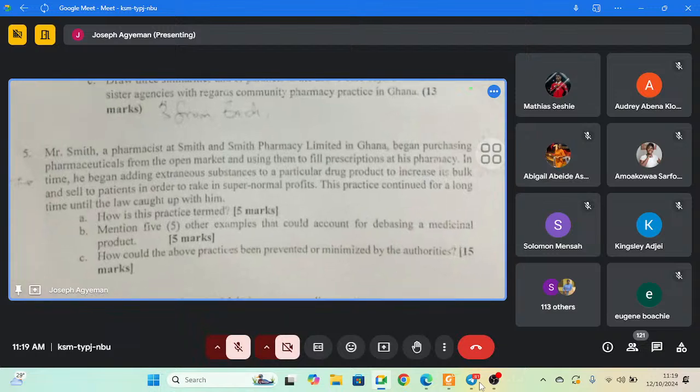So you can also set regulations and then enforce those regulations to be able to curb this issue. Perfect. What else? So monitoring, inspection, setting regulations and enforcing them. What else? Any other ways?